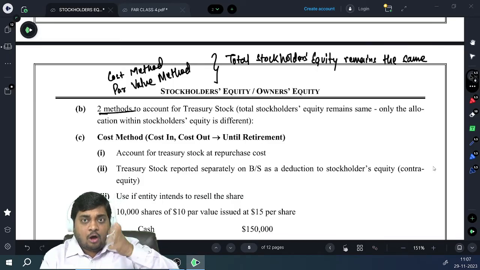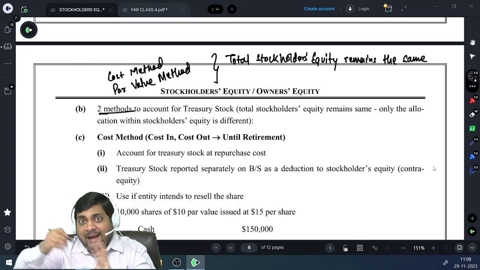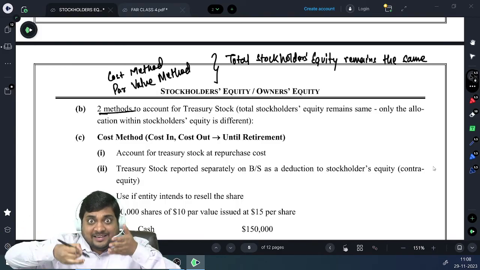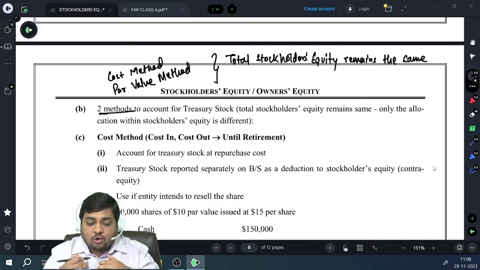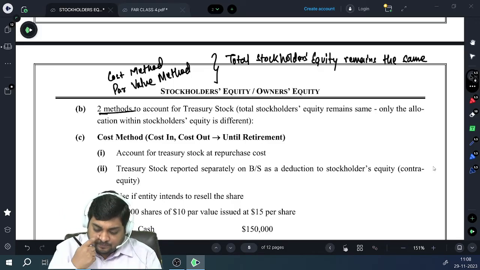However, there are different components of stockholder equity, like capital stock, additional paid in capital, retained earning, and minus treasury stock. It reduces the number of shares outstanding. So only the components in stockholders equity change, but ultimately the total stockholders equity remains the same. We will see it with the help of an example, so that it gives you better clarity.